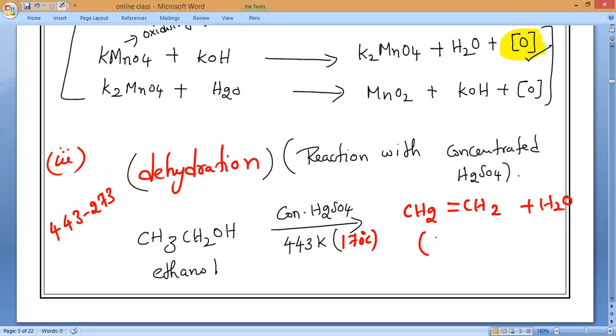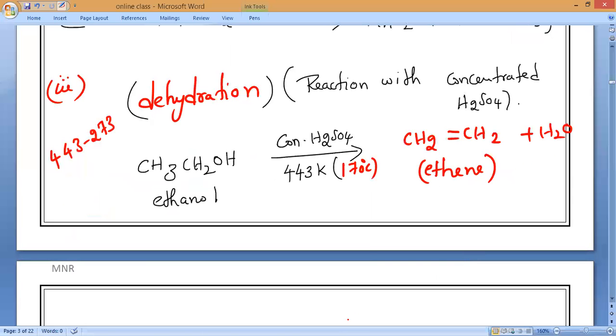What is the name of CH2 double bond CH2? Ethene, not ethane. Ethene, it has a double bond. Understand, everyone? So who is the dehydrating agent here?